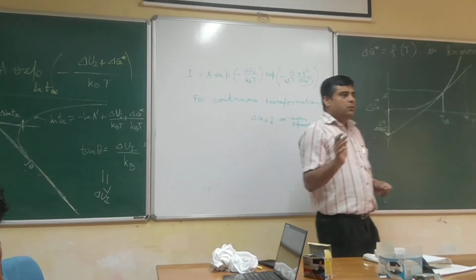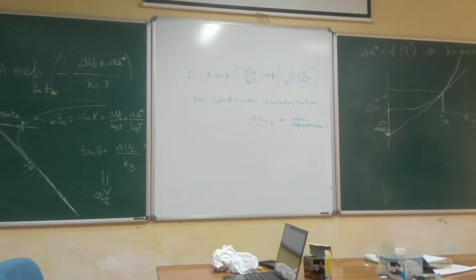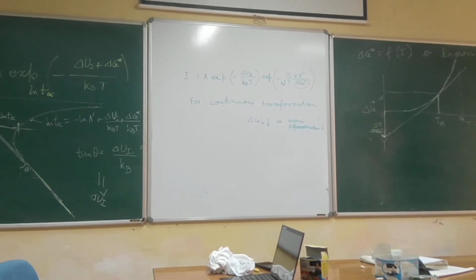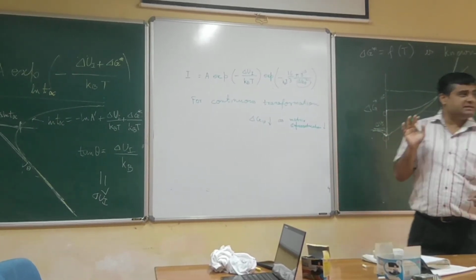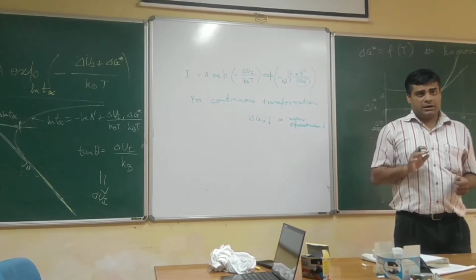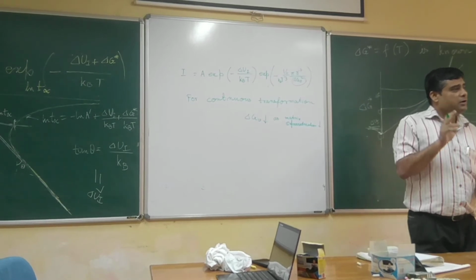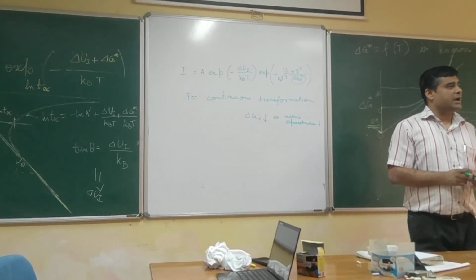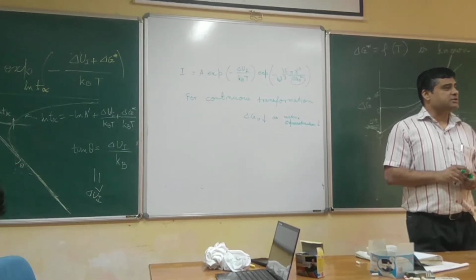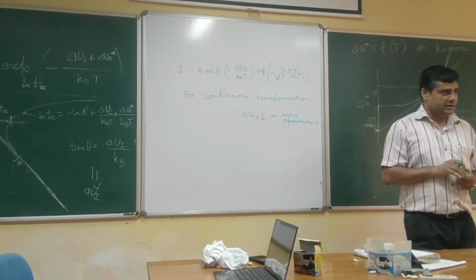usually what happens once steady state nucleation rate is achieved, it goes on. But in this case it goes on for the discontinuous type of reaction where your matrix supersaturation or matrix composition remains unaffected.